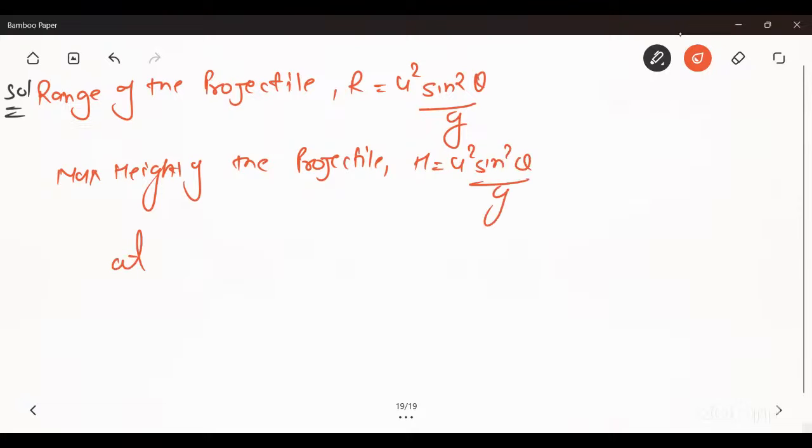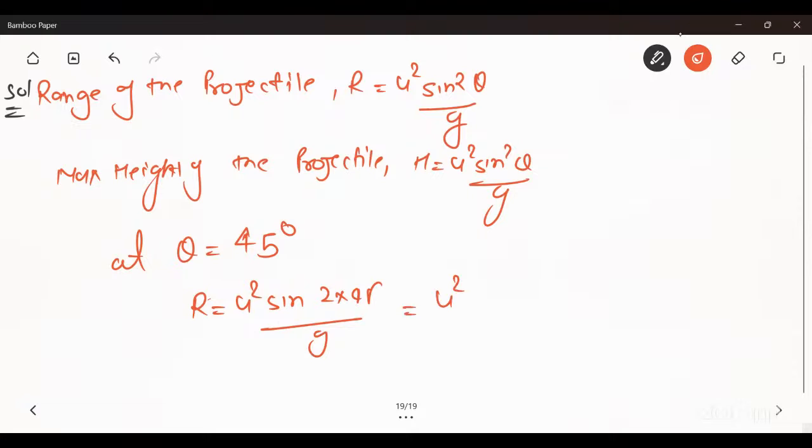So at theta equal to 45 degree, R will become U square sine 2 into 45 by G. So U square sine 90 by G, which is equal to U square by G.